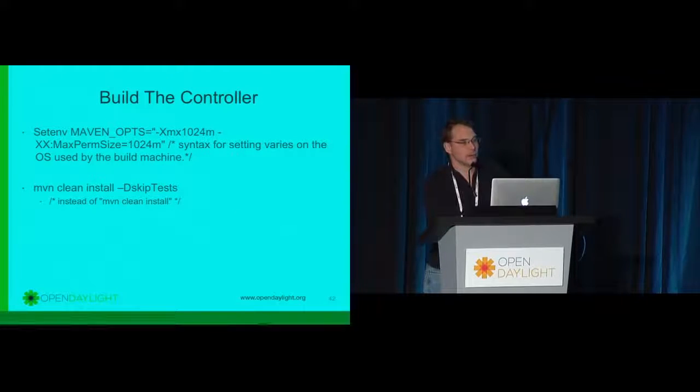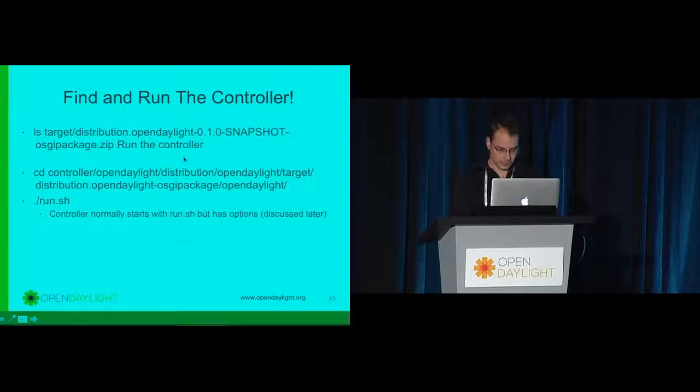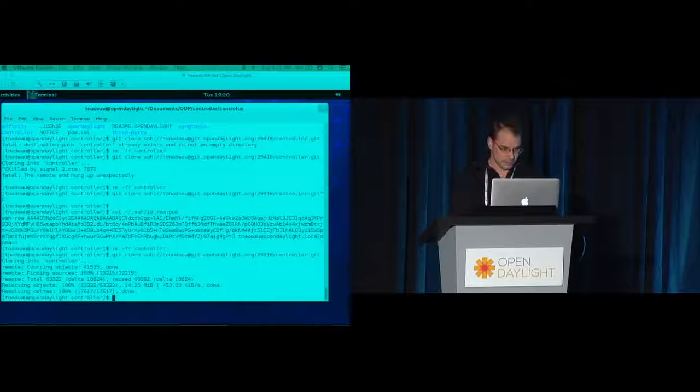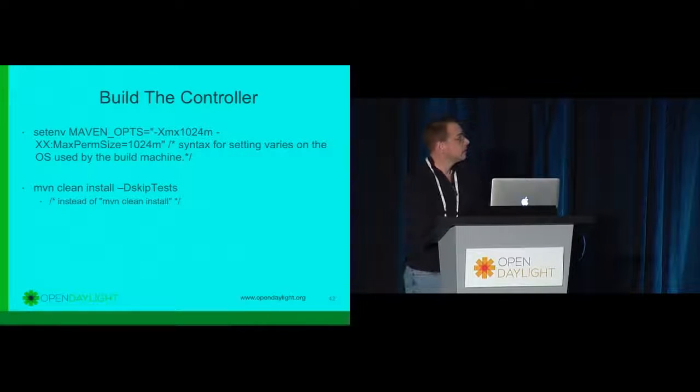Okay, the next thing we're going to do is build it using Maven. The command is mvn, and you have to set a shell variable first. That's actually a lowercase, not a capital. I don't know why PowerPoint insists on changing all of the cases of everything.